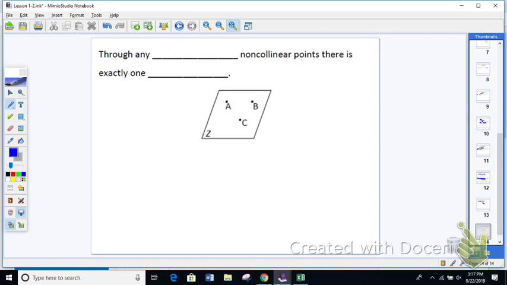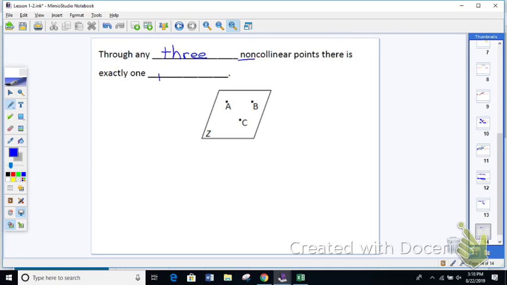And then our last postulate says, through any 3 non-collinear points, there is exactly one, what do we see here?